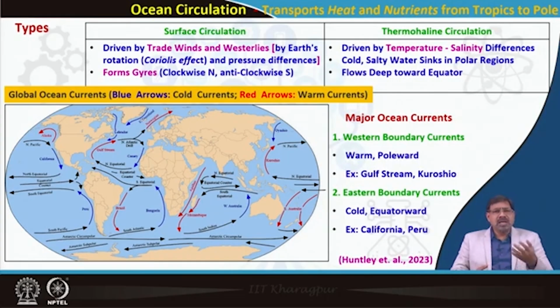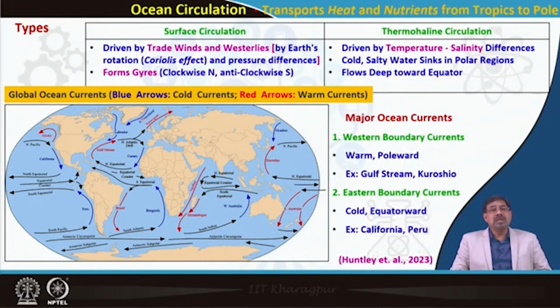Friends, starting from the upper left, at Alaska, you have a red arrow, a warm current, and then down below you can see the North Pacific surrounding the California region and going towards the north equatorial region, making a gyre, circulating there.